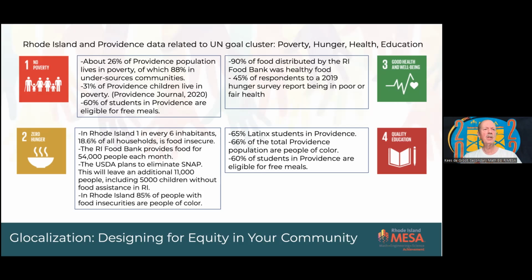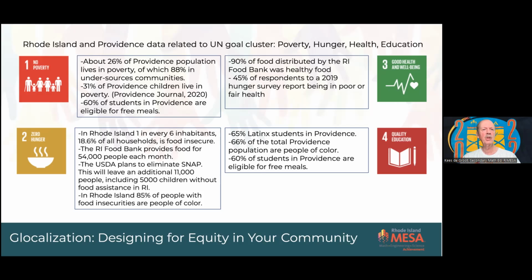So one thing we did is we looked at some facts related to these 4 clusters. The data that I gathered are either located in the capital city of Providence, where our office is located and which is the city we are mainly focusing on in the beginning of our existence, or are from Rhode Island as a state.